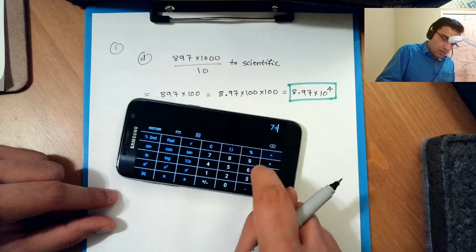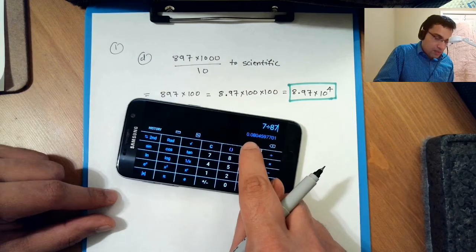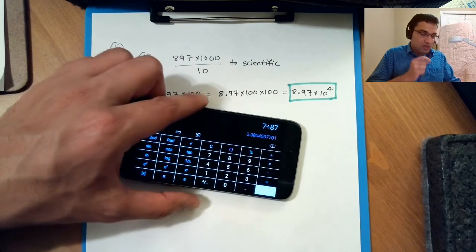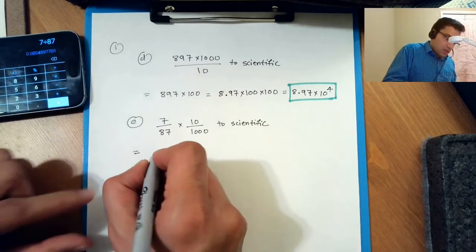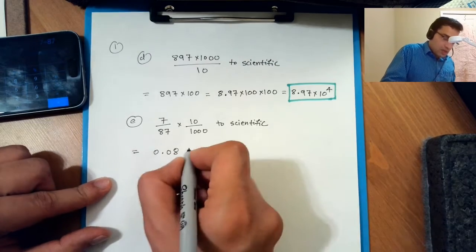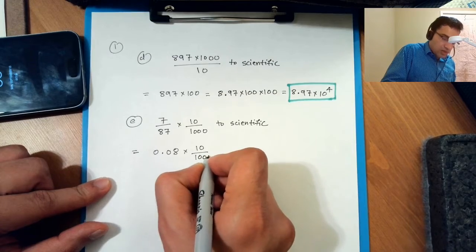7 divided by 87 is 0.08045. So let's say 0.08. Okay, so it's 0.08 times 10 divided by 1,000.